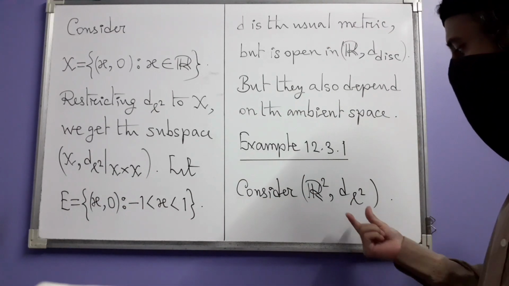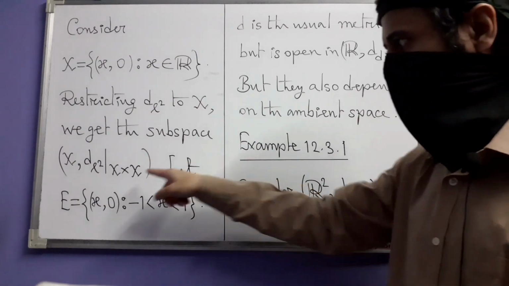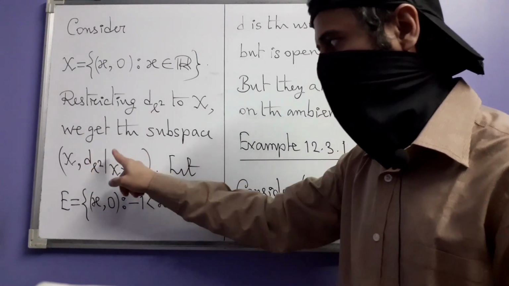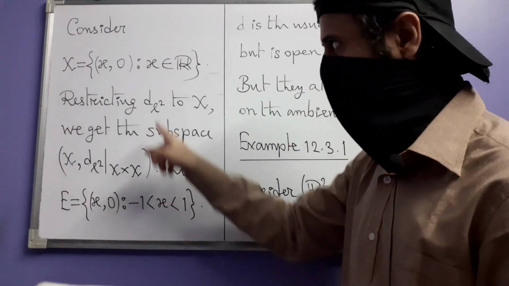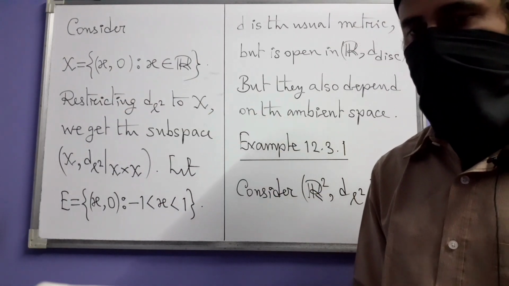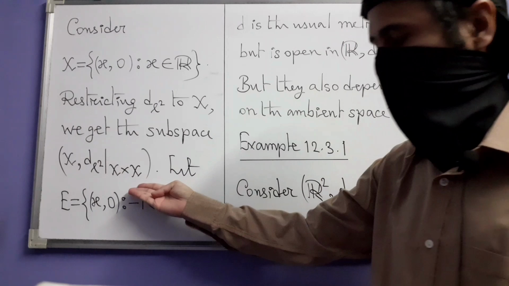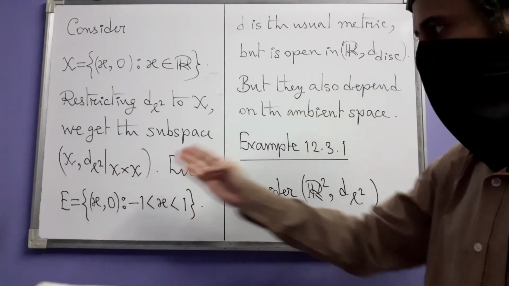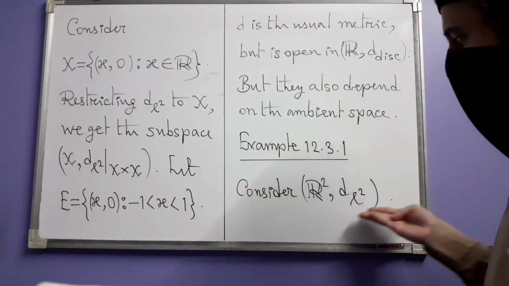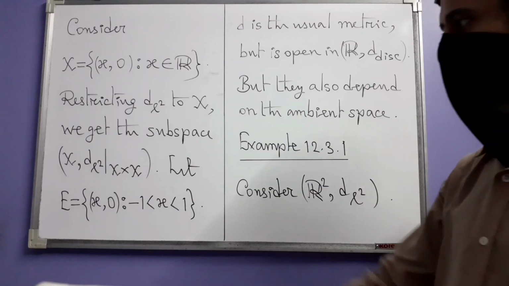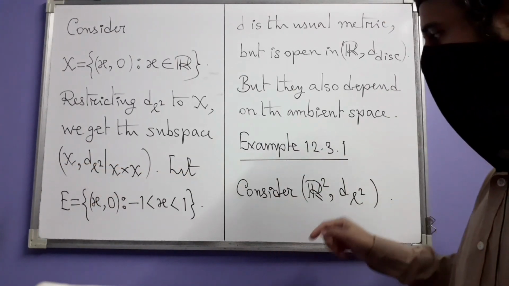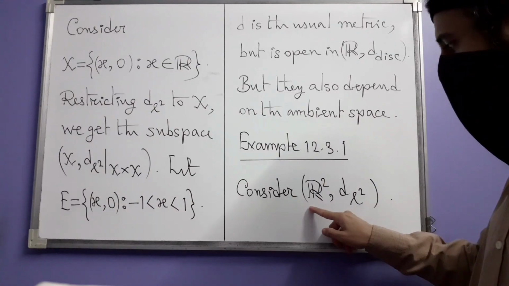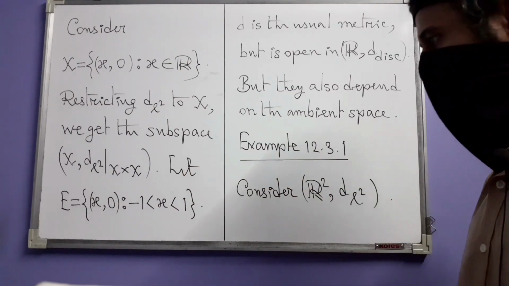That is why we can restrict this function to that and get this restriction. That restriction is itself a metric on X, and that way we get this subspace of the plane. So this is your one-dimensional subspace, which is your x-axis, sitting inside the two-dimensional plane.